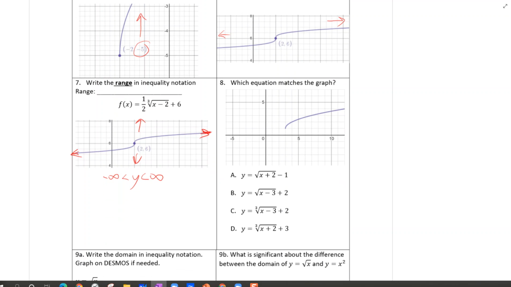All right, so we don't have any a values, so that's good. This one, that's a square root function, so it's not cube root. So where does it start? Where's h, k? 1, 2, 3, 3, 1.